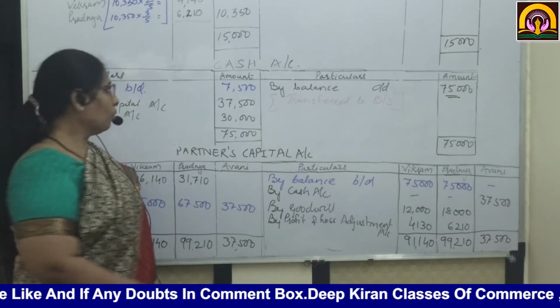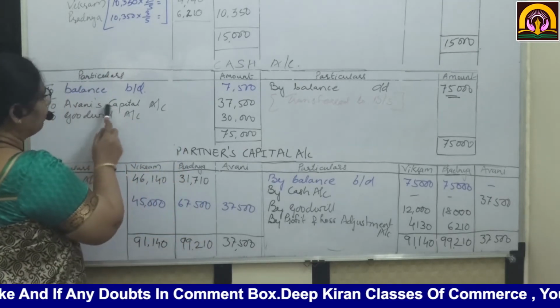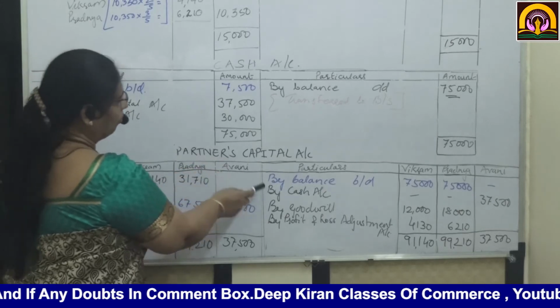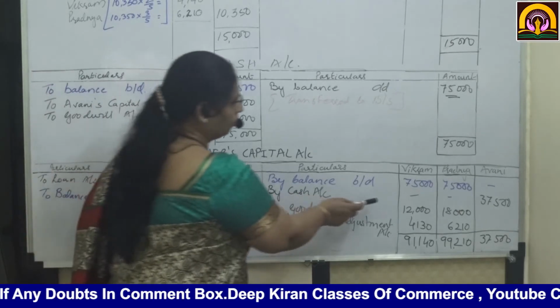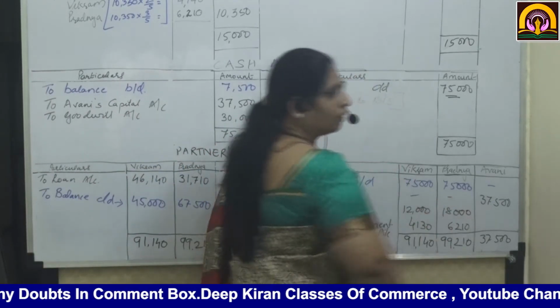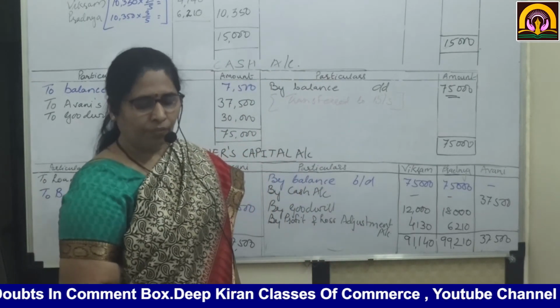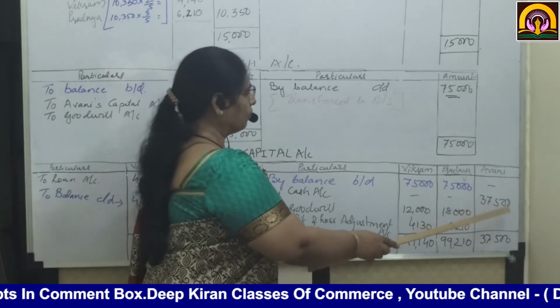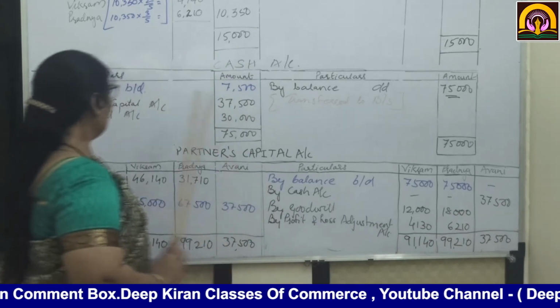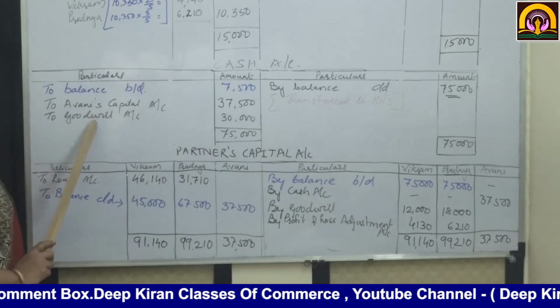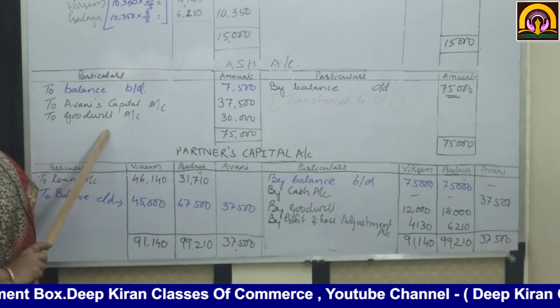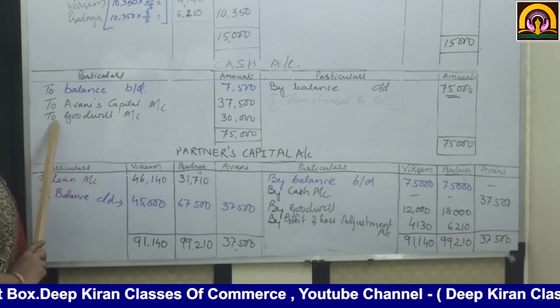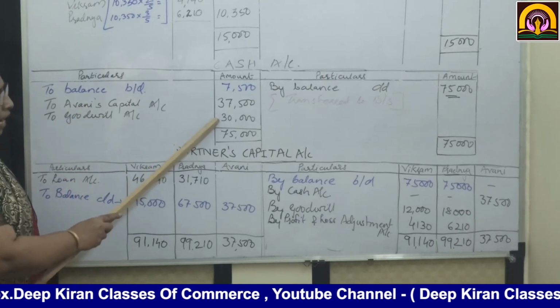37,500. So we have written here to Avni's capital on the capital account credit side by cash account into Avni's column 37,500. Okay, 37,500. Now he has brought cash as goodwill for old partners. So to goodwill we have written in the cash column.